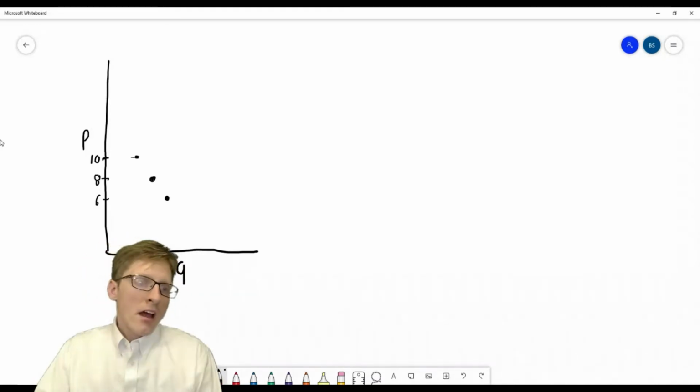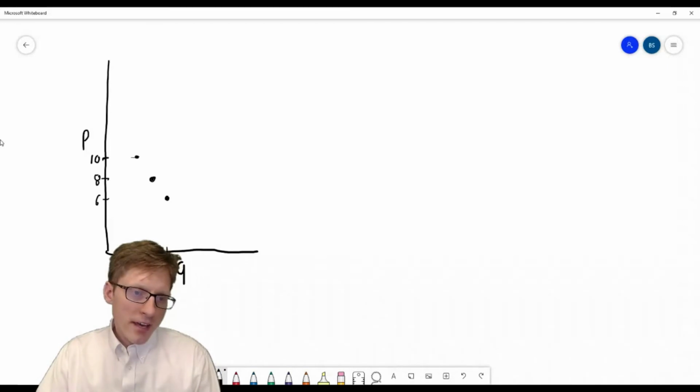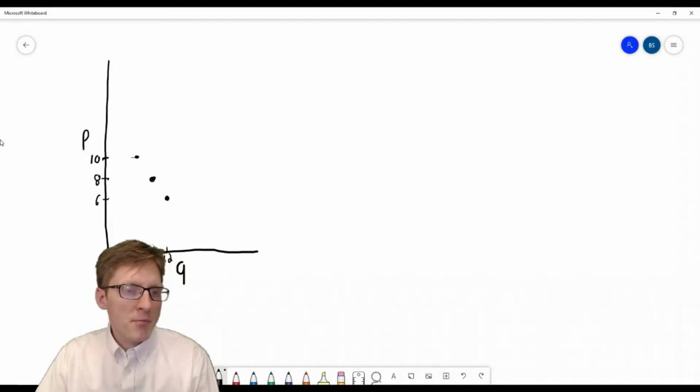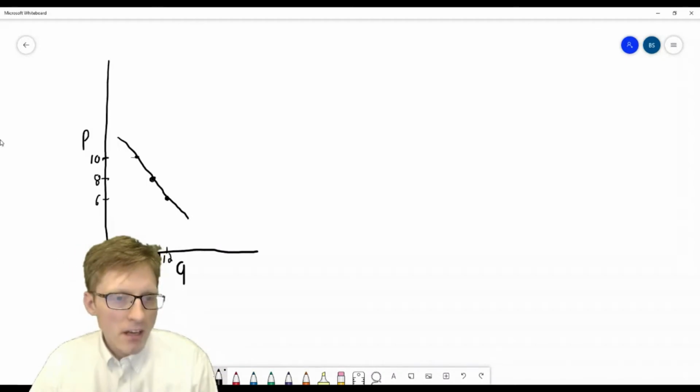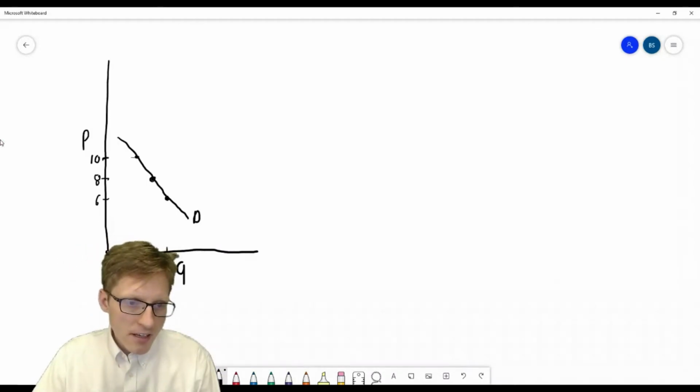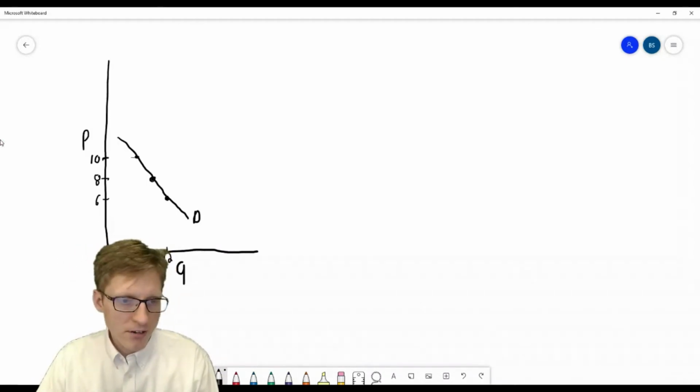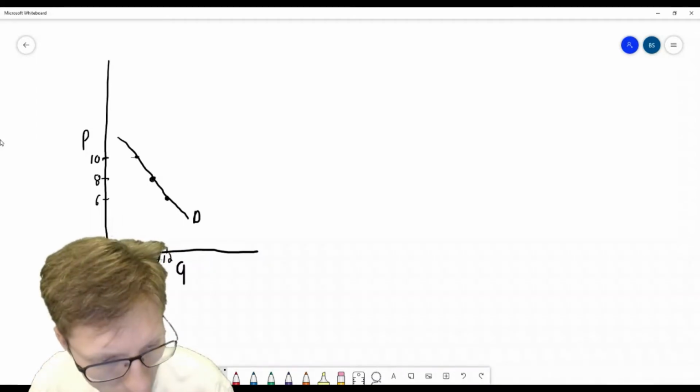Now we could presumably impute points on the inverse demand curve between these points by connecting them, let's say by using a straight line. So this is the demand curve, or inverse demand curve. I'm just going to put a D, but it's really the inverse demand curve.